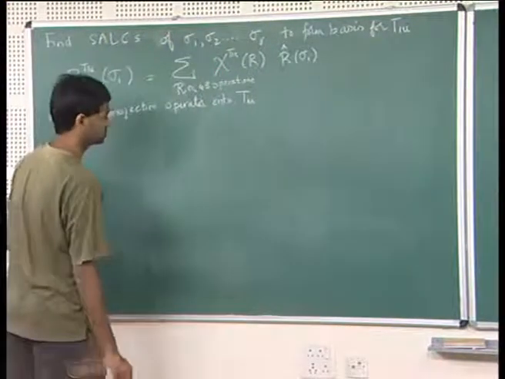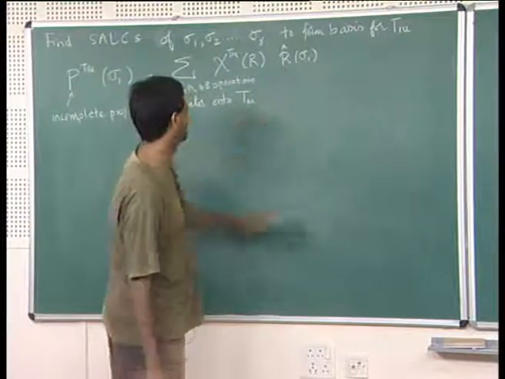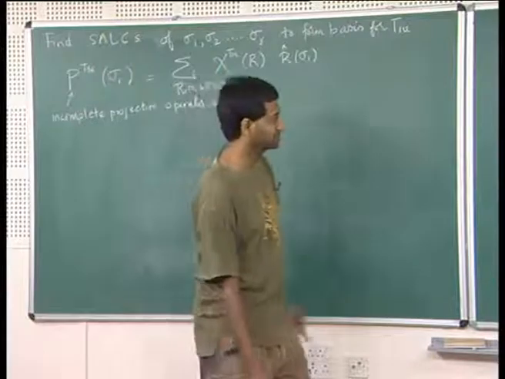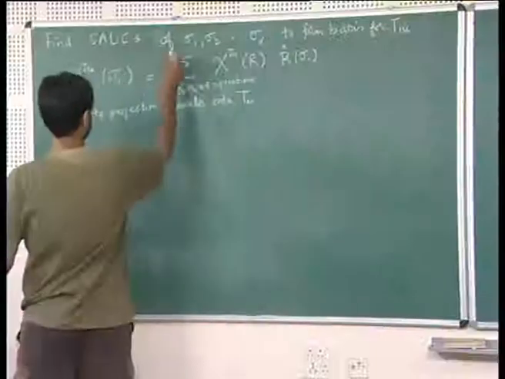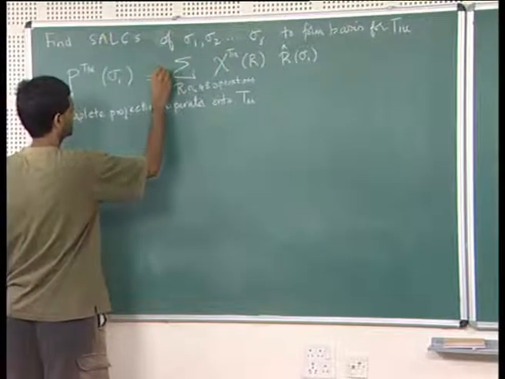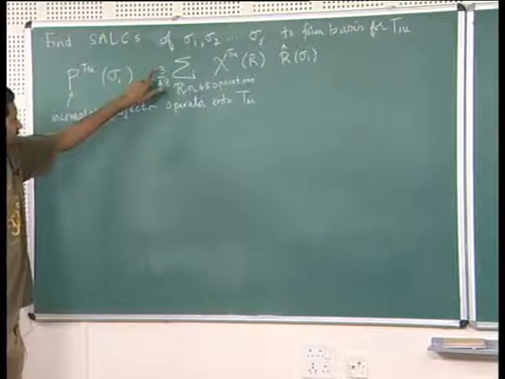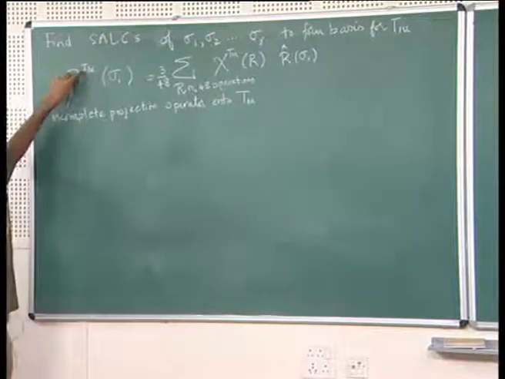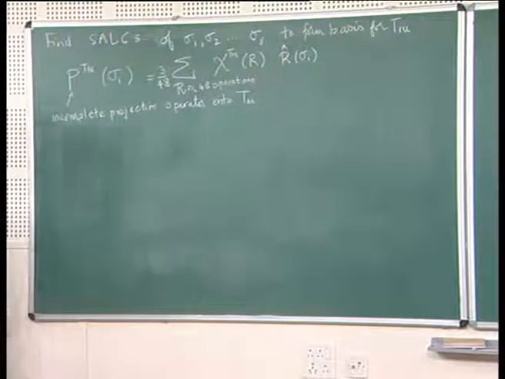So we need to know what happens when various operations act on sigma 1. Let's first look at the identity. Sorry, this should be multiplied by 3 by 48. 3 is the dimensionality of T1u, a 3-dimensional irreducible representation, and 48 is the order of the group.